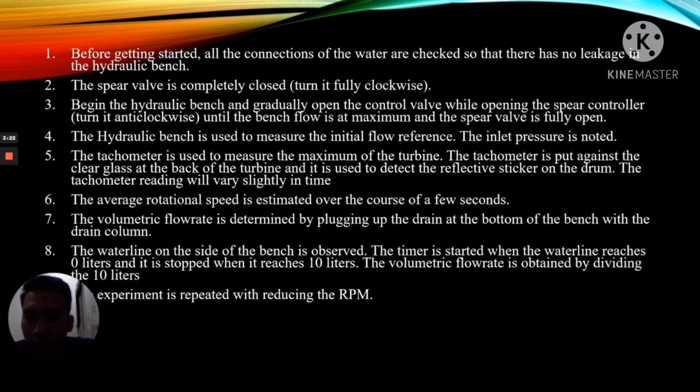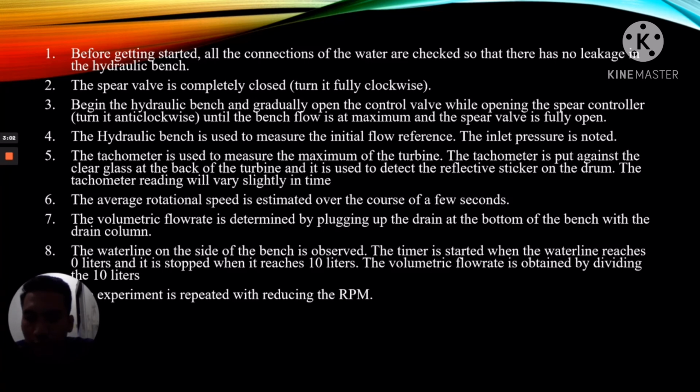Number 5 is the tachometer is used to measure the maximum speed of the turbine. The tachometer is put against the clear glass at the back of the turbine, and it is used to detect the reflective sticker on the drum.